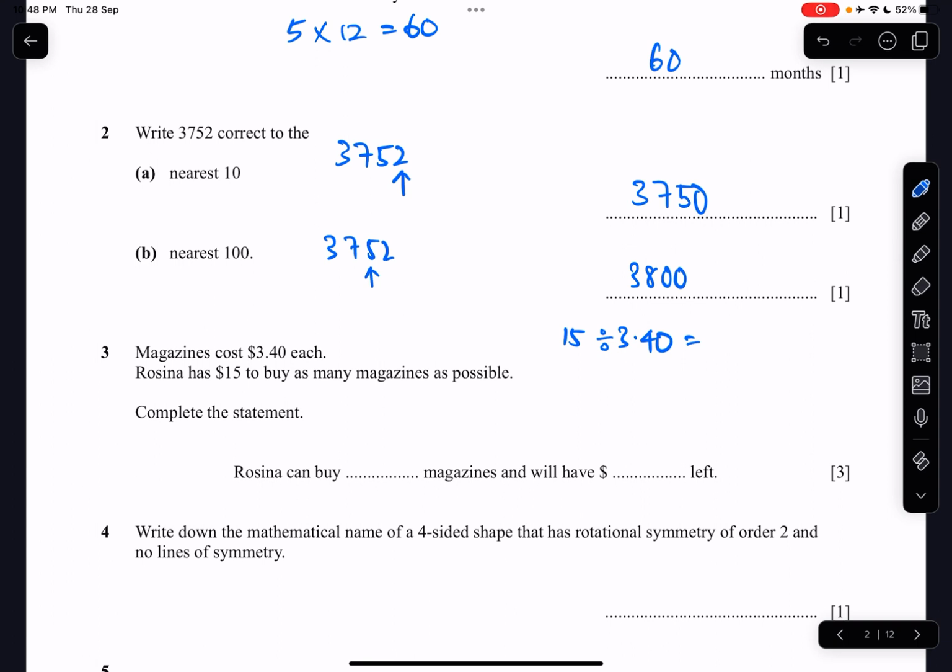So I'll have, as a mixed number, 4, 7 over 11. So in this case, I know that I can buy 4 magazines. So for the change that I will receive, I will take this fraction 7 over 11, multiply by $3.40. So 7 divided by 11 times $3.40.